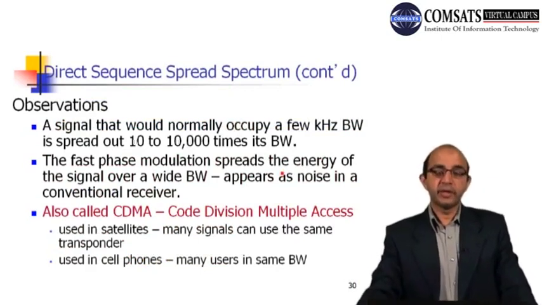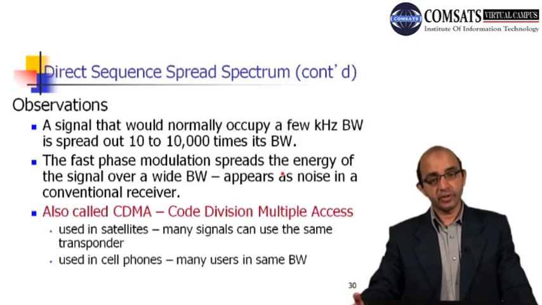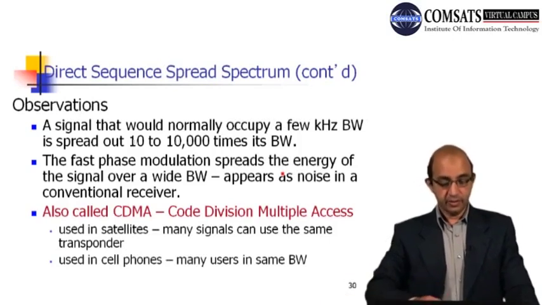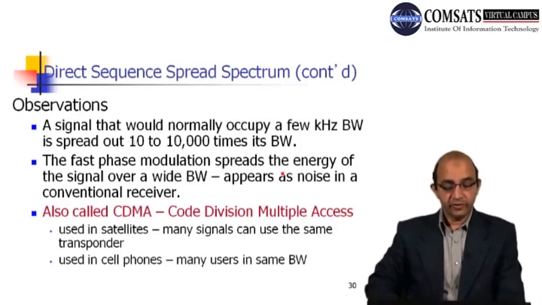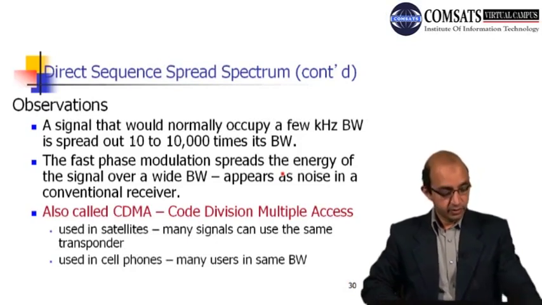So here we have some of the observations. A signal that would normally occupy a few kilohertz bandwidth is now spread out 10 to 10,000 times its bandwidth. The fast phase modulation spreads the energy of the signal over a wide band, and it appears as noise in a conventional receiver.